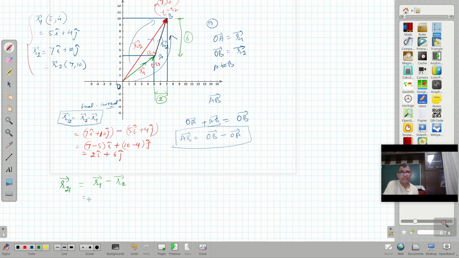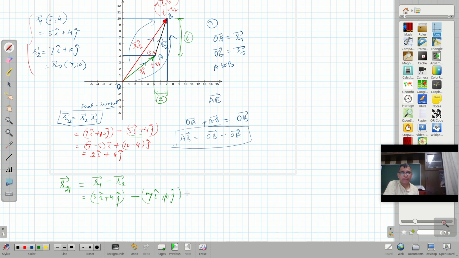How can this be calculated? The R1 vector is this one, so it is 5i cap plus 4j cap minus 7i cap plus 10j cap.